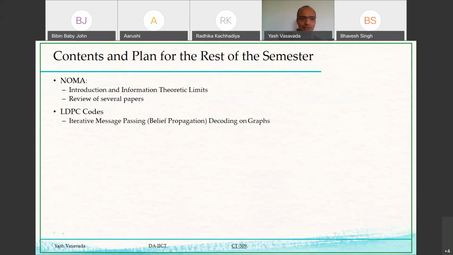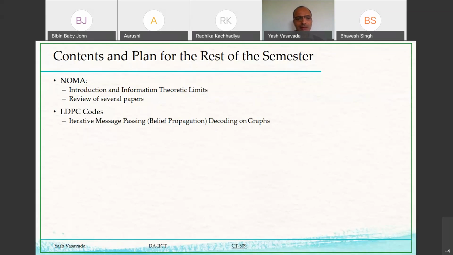After that, I wish to spend some time on the LDPC codes, and specifically the iterative belief propagation decoding. The reason is because in NOMA, the methodology that is used relies heavily on these belief propagation algorithms, which are also known as message passing algorithm, or MPA.